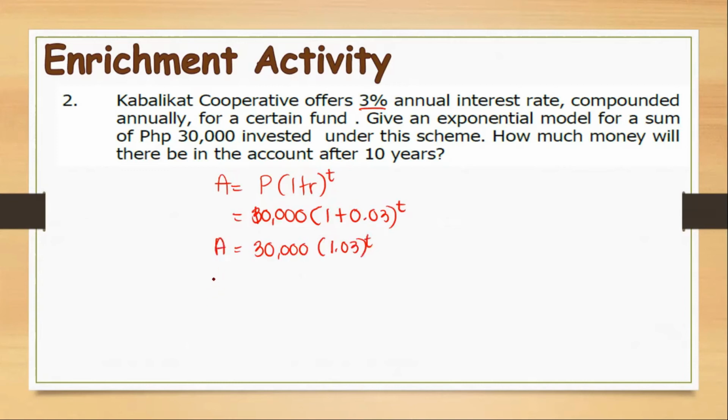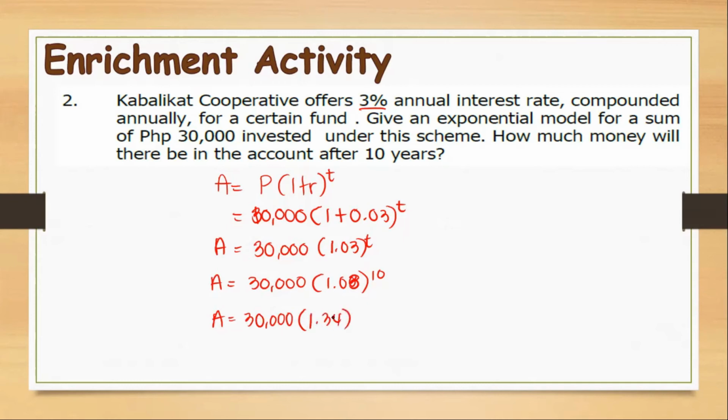And since we are to find it after 10 years, we have 30,000 times 1.03 raised to 10. And 1.03 raised to 10 is equal to, let's just round it off to 2 decimal places, 1.34.